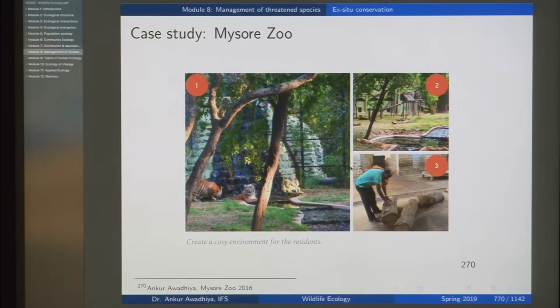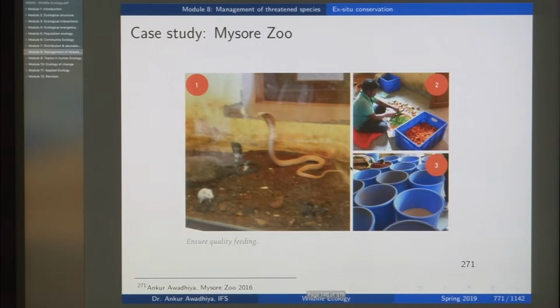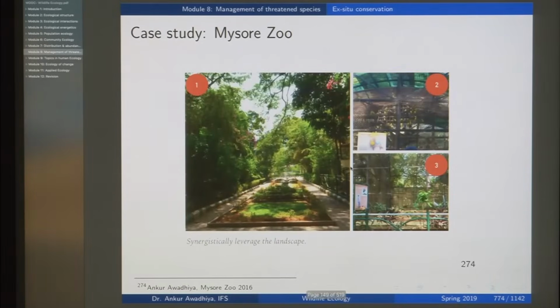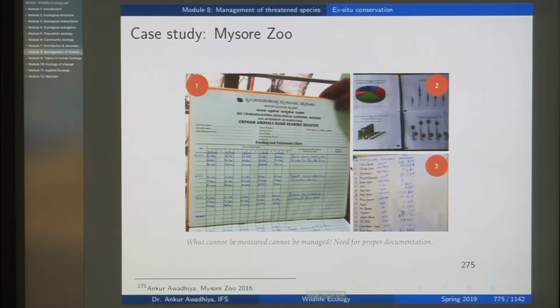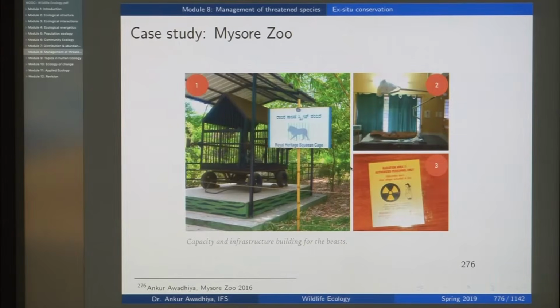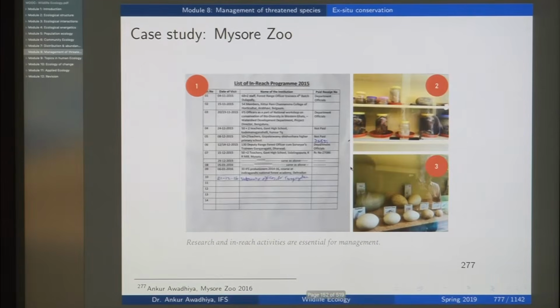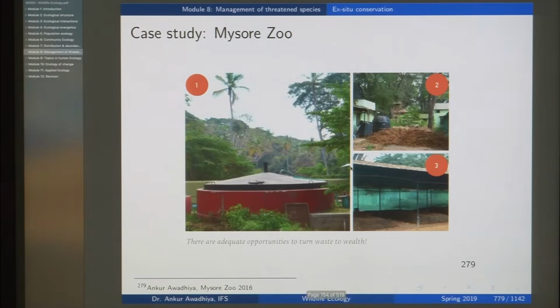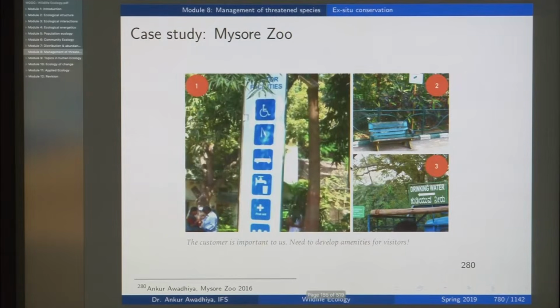So, you need to create a cozy environment, look at the feed. The feed has to be given in proper time. Exotic animals have their exotic requirements that needs to be met. You need to synergistically leverage the landscape, maintain proper documentation of things, do capacity and infrastructure building, research and in-reach activities, go for eco-friendly activities as far as possible, try to convert some waste into wealth.